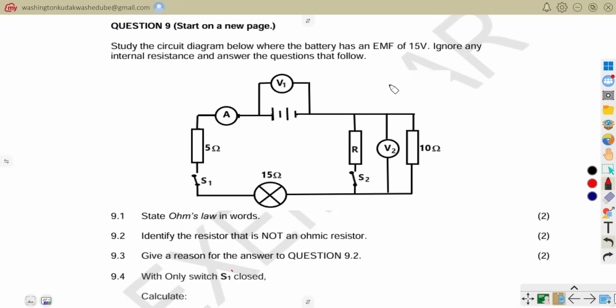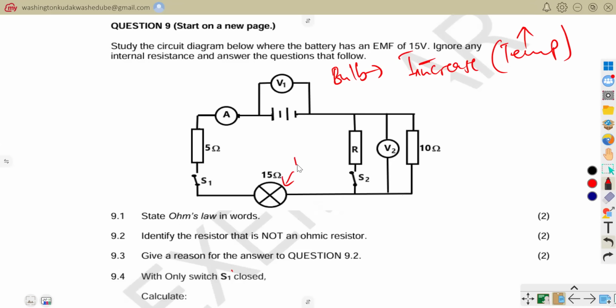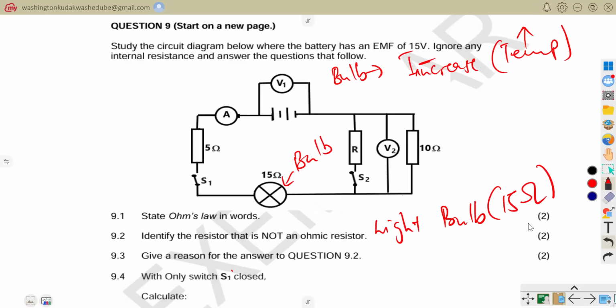We have diodes, we have bulbs, where we know that for a bulb, as you increase the current that flows through it, the temperature of that bulb also increases. Therefore, this symbol represents a bulb. So we would say light bulb, which is represented by the 15 ohm resistor.